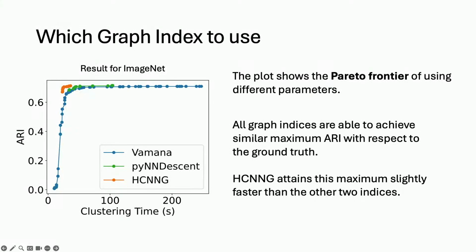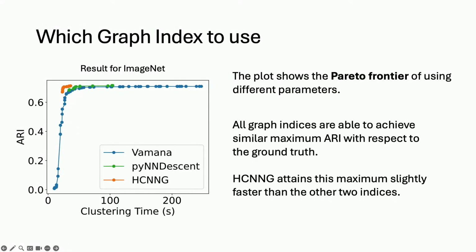We also have another experiment where we looked at the clustering quality relative to what exact DPC gave us instead of looking at the ARI relative to ground truth. So for this data set, HCNNG did not actually do better than the other 2 indices. So I think the takeaway here is that they all perform pretty similarly.